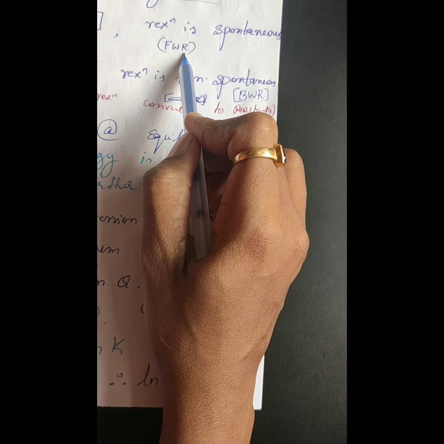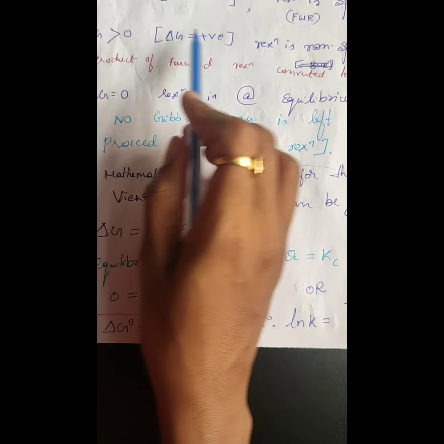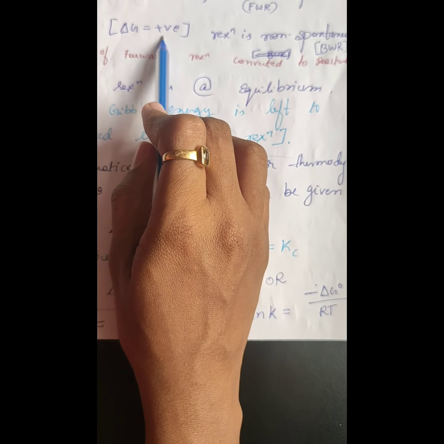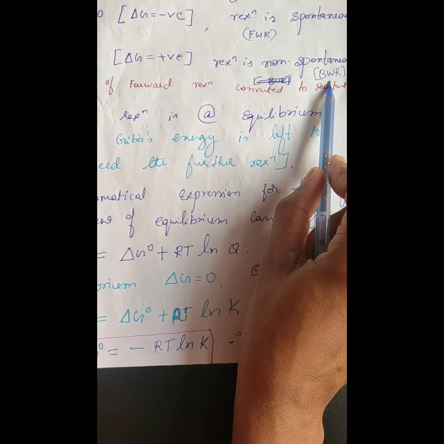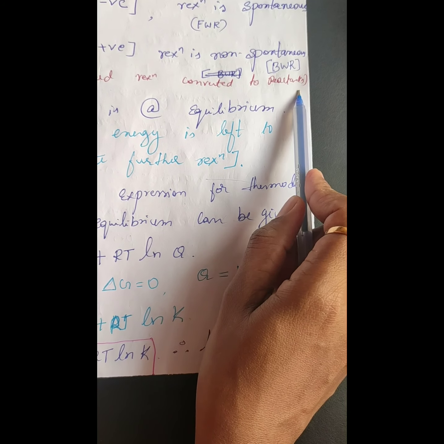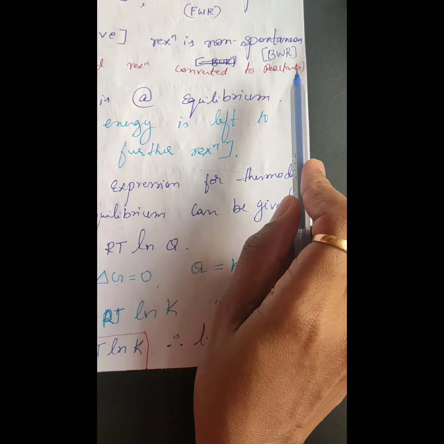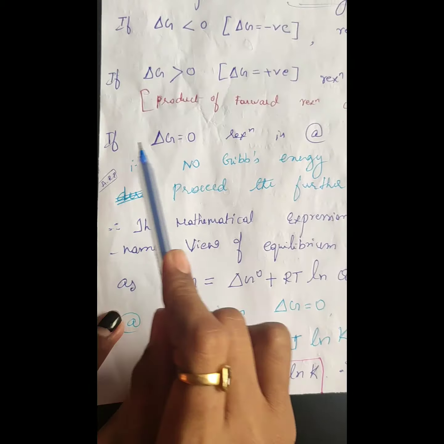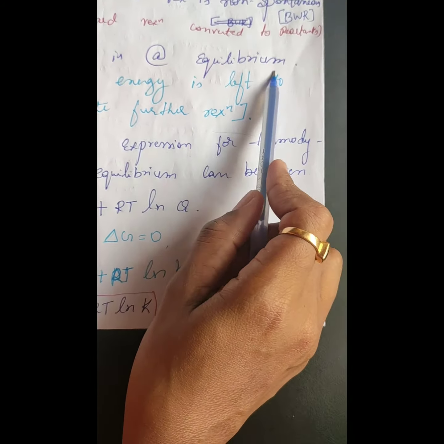Similarly, if the delta G value is greater than 0, delta G is positive, the reaction is non-spontaneous, or it proceeds in the backward direction, that is, the product of the forward reaction is converted to reactant. Similarly, if delta G is equal to 0, the reaction is at equilibrium. This concept you have studied already from thermodynamics.